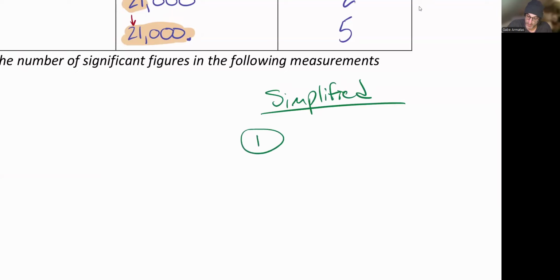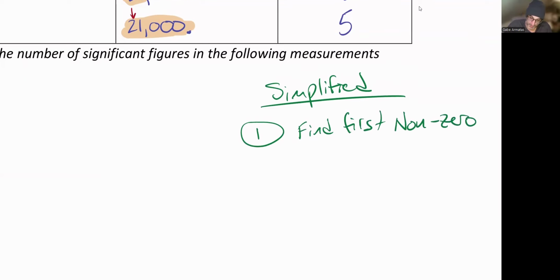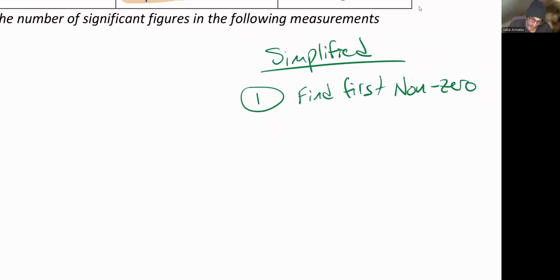1, find the first non-zero. Okay, so I'll do an example over here to the left. Let me do 21,450.